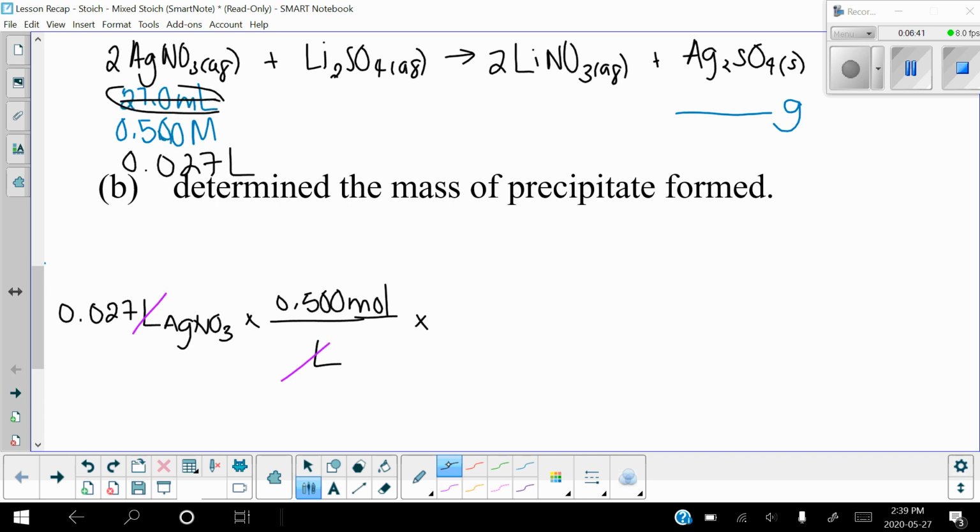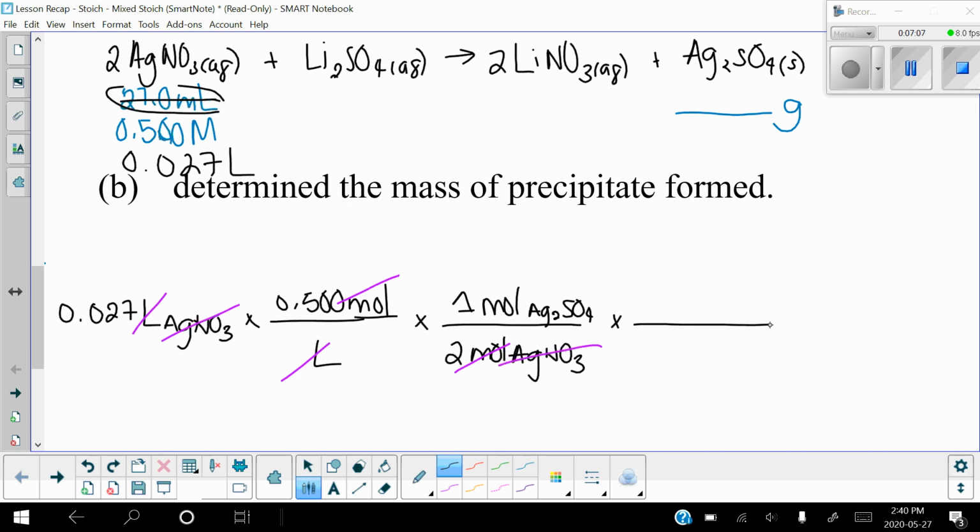Once we have moles, we can then use our mole ratio. 2 moles of silver nitrate to 1 mole of silver sulfate. Silver nitrate and silver nitrate cancel out. Mole cancels out with moles. Now we need to convert moles into mass. So we will be using molar mass. The molar mass of silver sulfate is 203.94 grams per mole.